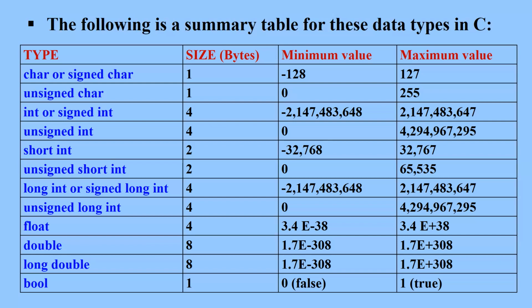So unsigned long int and unsigned int can accommodate the same size of data. Float is of size 4 bytes.